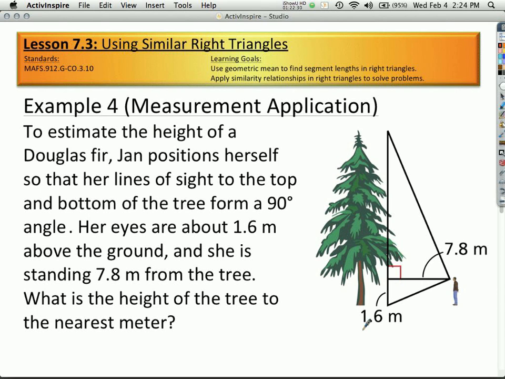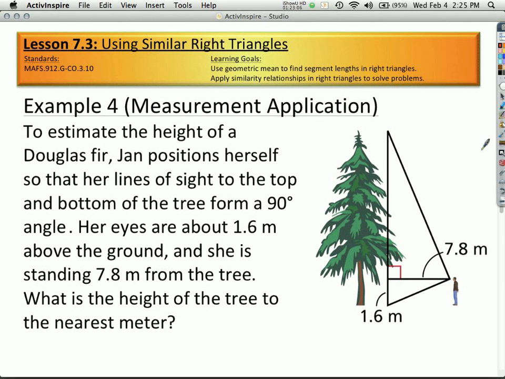But it's a pretty wild method that you can use. You know your own height. And you could modify it or adjust it so that it was your eye level. Because that's what we're talking about, is where you see things. And you could very easily measure how far you were standing away from something. So you could measure this distance, and in this case it's 7.8 meters, and the height up to your eye level is 1.6 meters. You could actually figure out the height of this tree just with those two pieces of information.